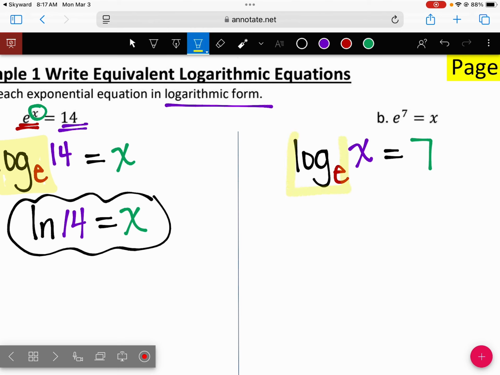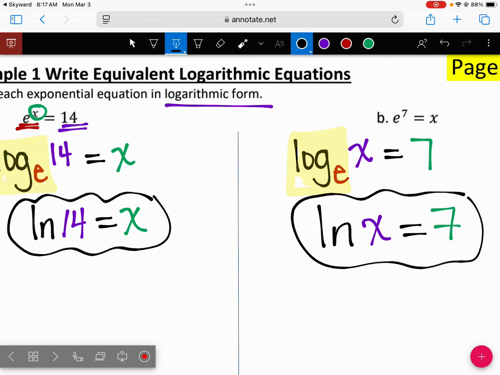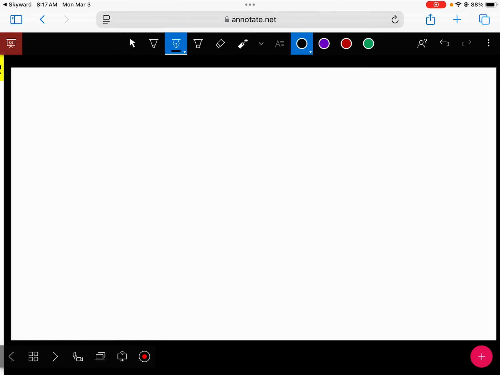And again, anytime you have a log with a base e, our new lesson, that's our focus for today, that's really a natural log. And that would be your final answer. Any questions so far? Pretty basic.